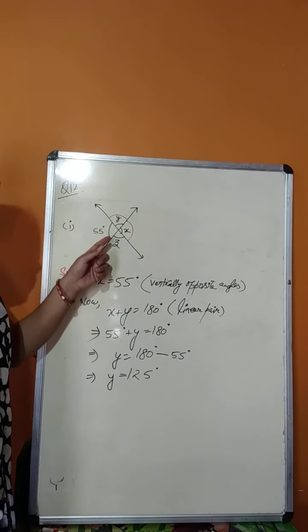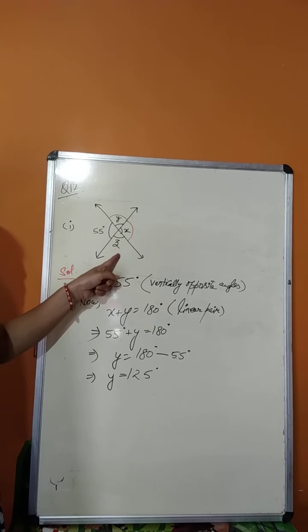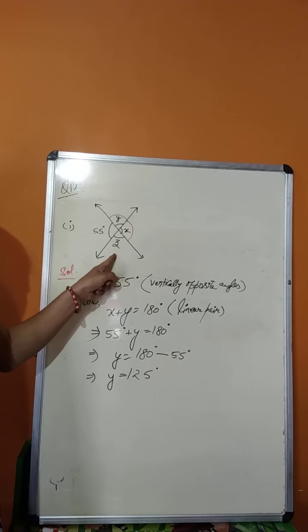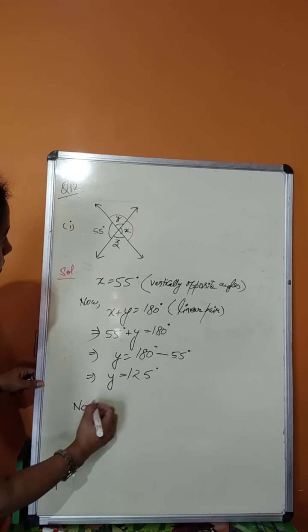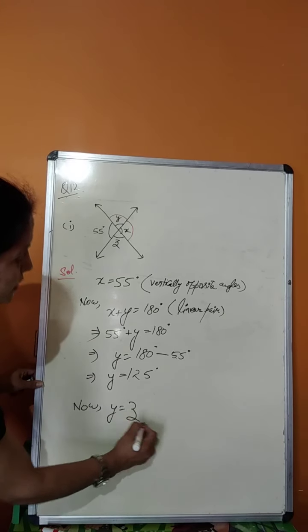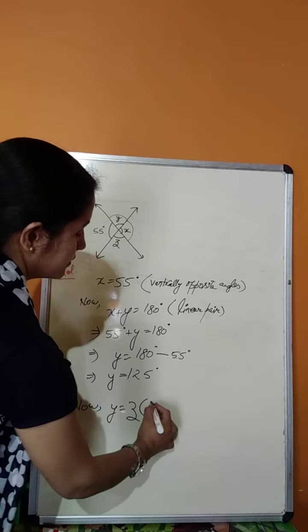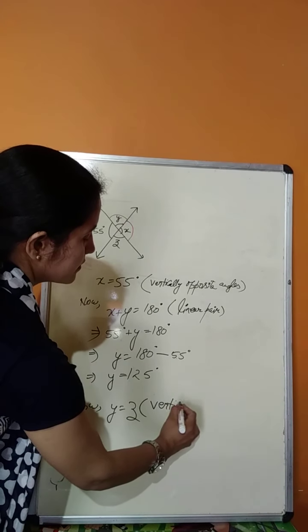Now we have to find the value of z. From the figure we can see that y and z are vertically opposite. So we can write y is equal to z. The reason: vertically opposite angles.